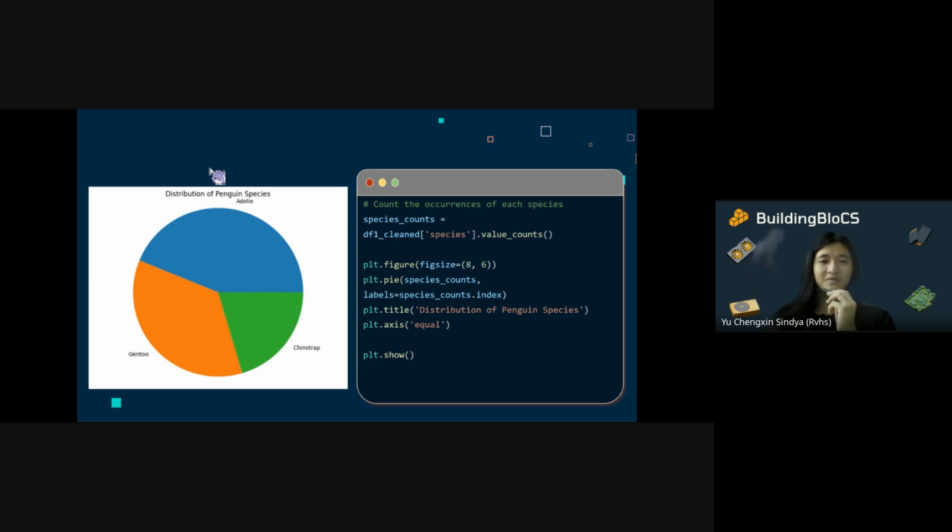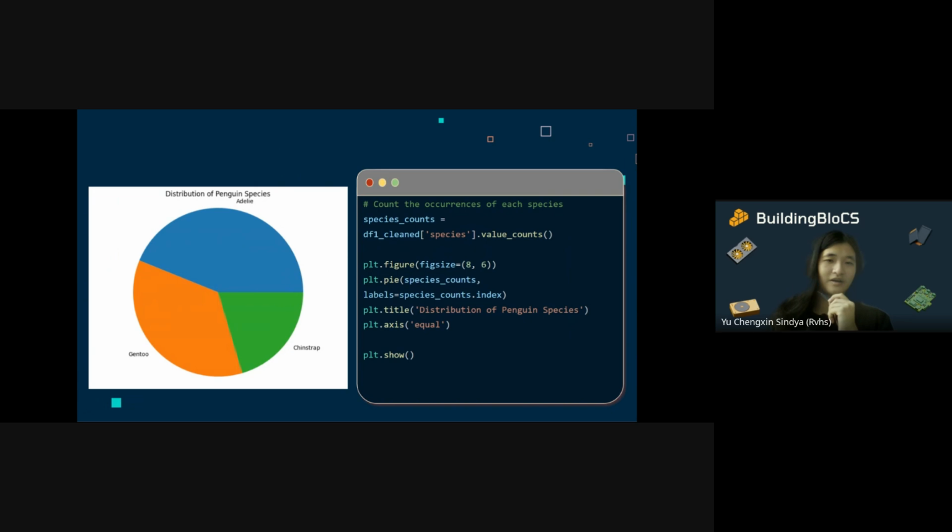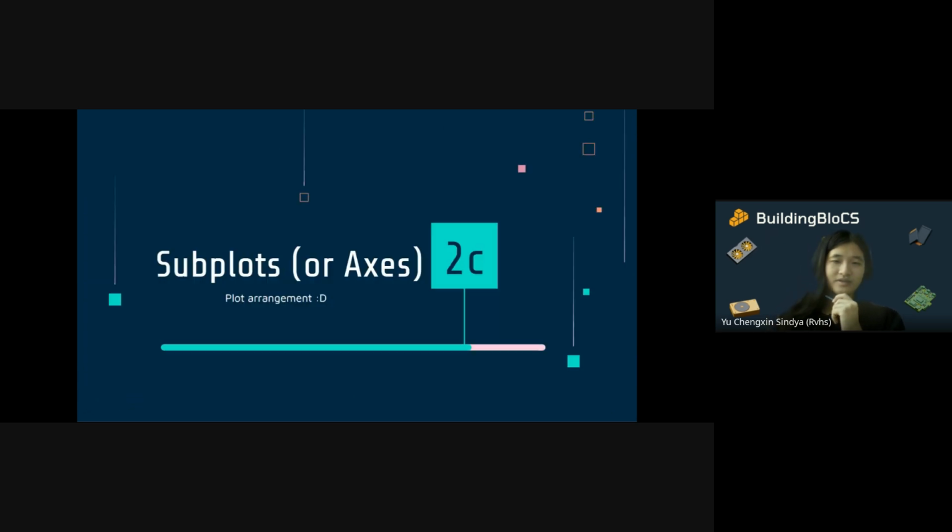But I won't be going through pie chart in extreme detail because it's not the most accurate of plots. I'm sure you've learned that somewhere in math before. So after you've run this, I'll be moving on to subplots or axes.